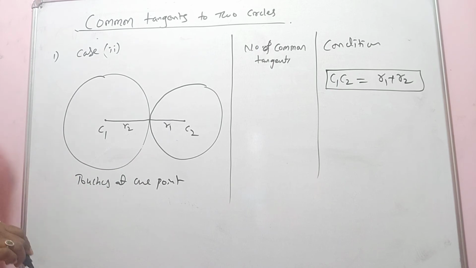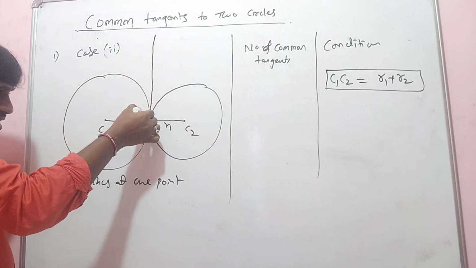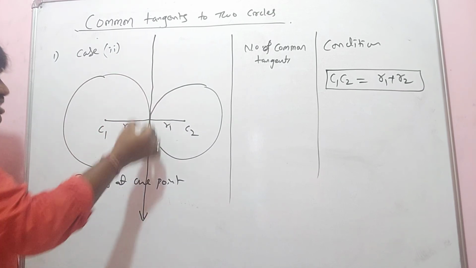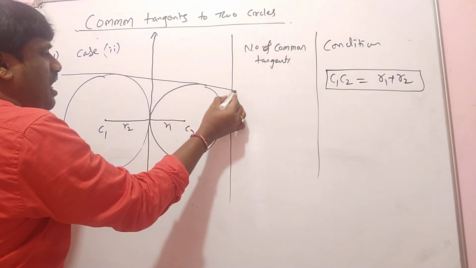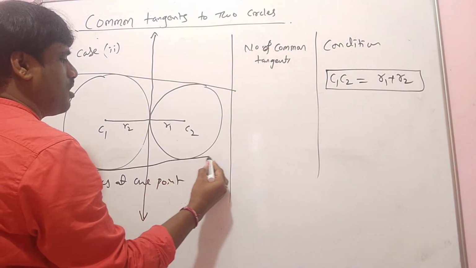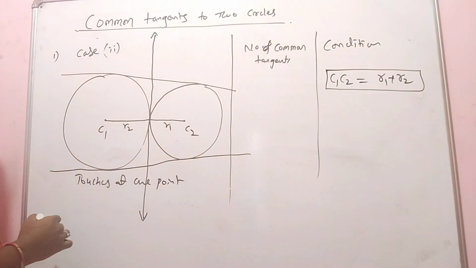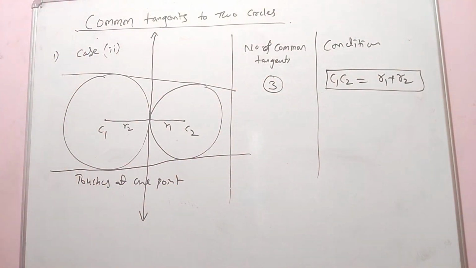If it happens like this, what happens here? The number of common tangents will be: this is one common tangent, this is another tangent, and this is another tangent. So how many tangents are possible? 3 tangents. The condition is C1C2 equal to R1 plus R2.